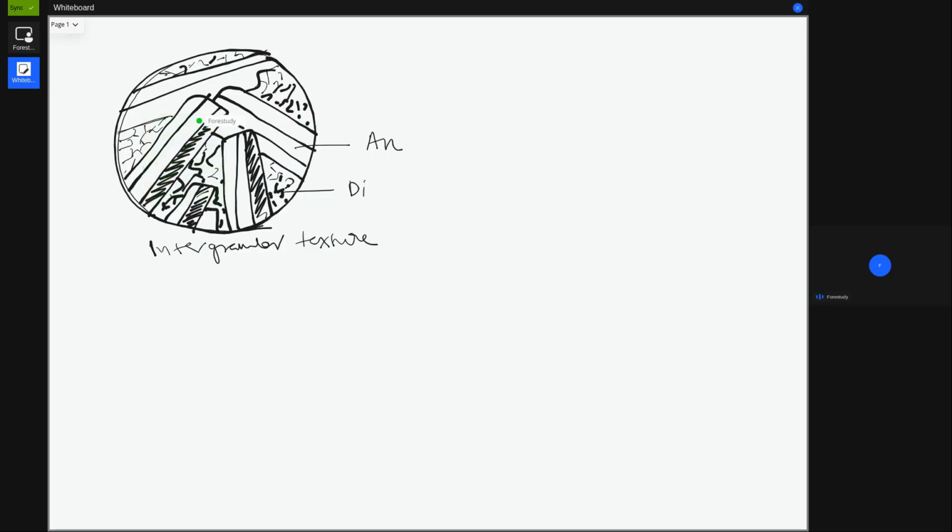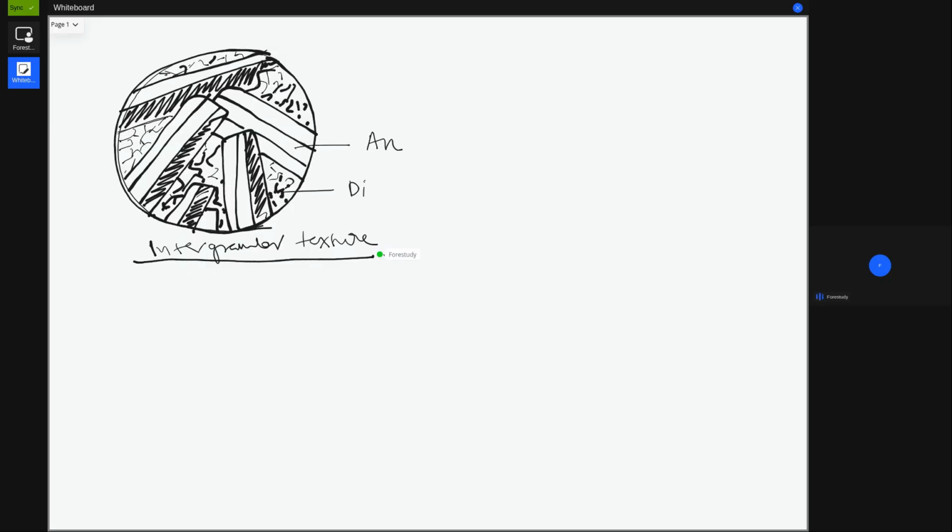If you have followed our optical mineralogy class, then you will know what twinning is, right? This is what intergranular texture will look like, where large grains of anorthite will form as lath-shaped, and the interstitial spaces, that means the void spaces, will be followed by crystallization of diopside. So a rock texture where smaller mineral grains fill the spaces between larger mineral grains is called an intergranular texture.